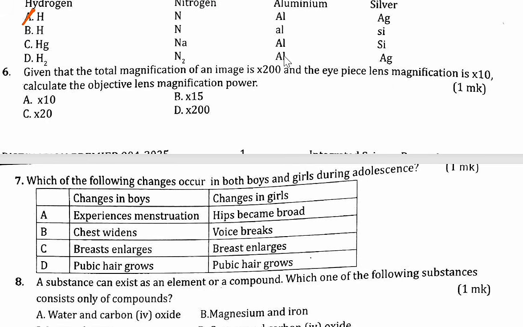You know that the total magnification M is equal to the eyepiece magnification, EM, multiplied by the objective lens magnification. So this is the formula. Here the magnification is 200. So 200 is equal to the eyepiece magnification 10 multiplied by the objective lens, which you don't have, you can call it X or OM.